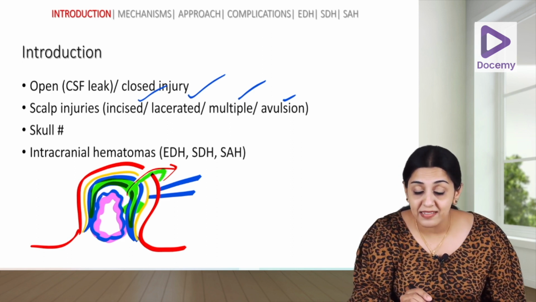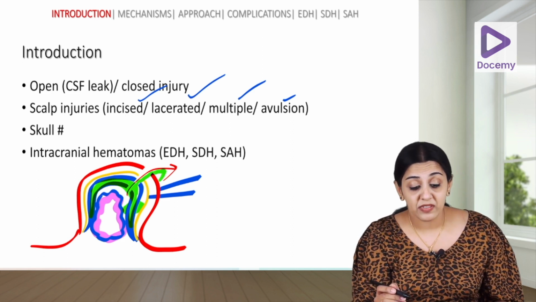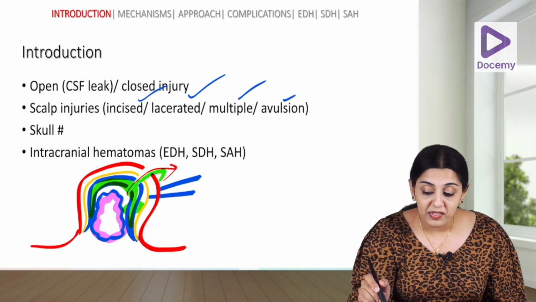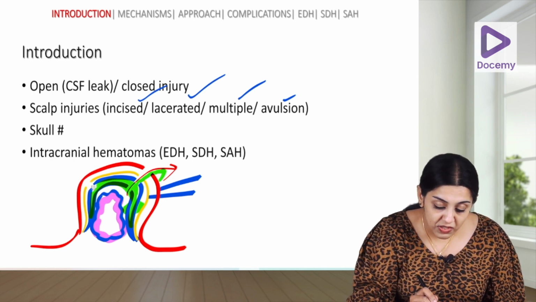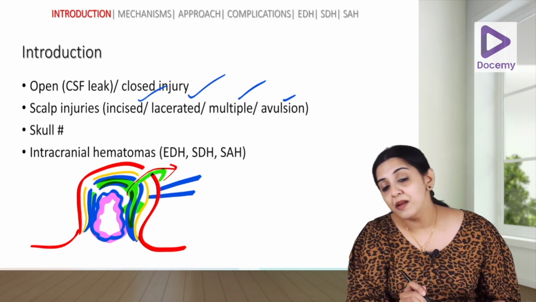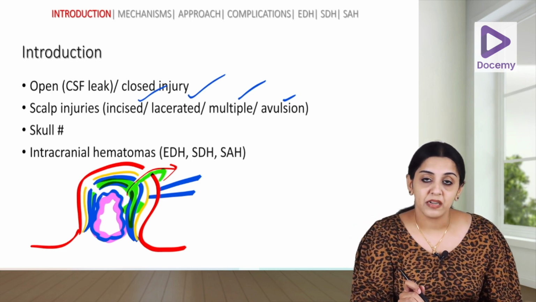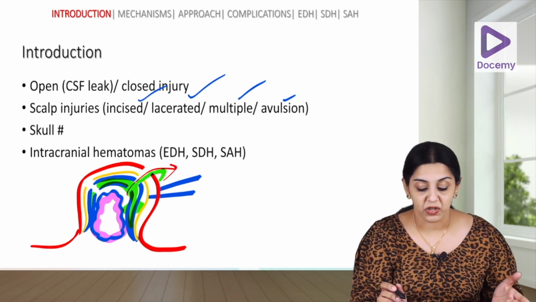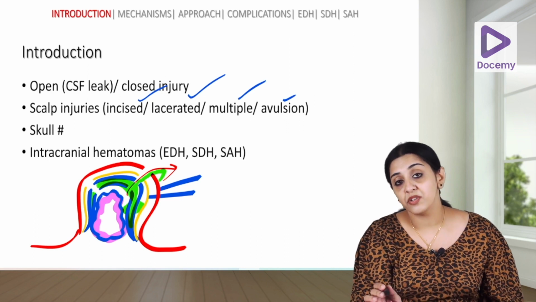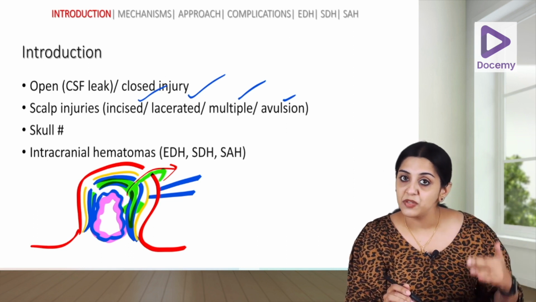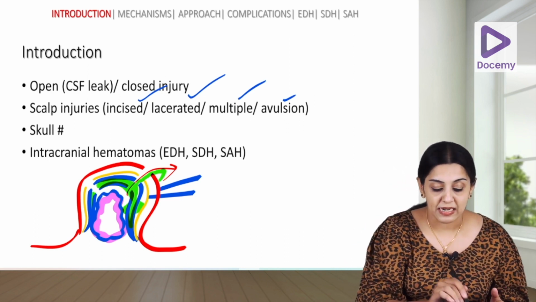So there can be a CSF leak if it's an open injury. Otherwise, you can have closed injuries. Closed injuries mean maybe the scalp is not injured, but underneath, the structures are injured. So you have open and closed injuries. Then depending on the layers, you have scalp, skull, as well as intracranial injuries.